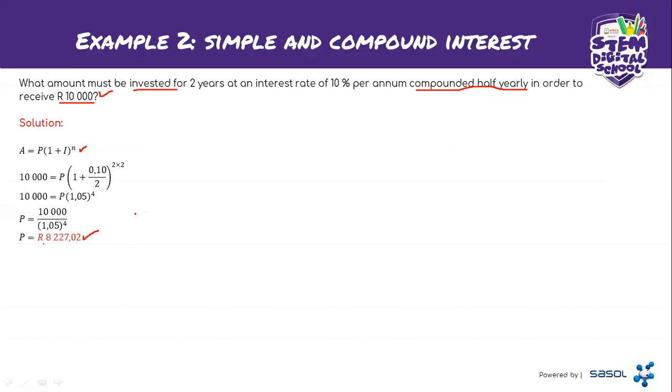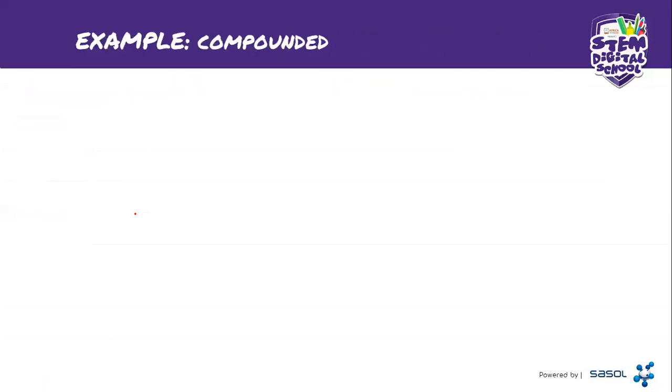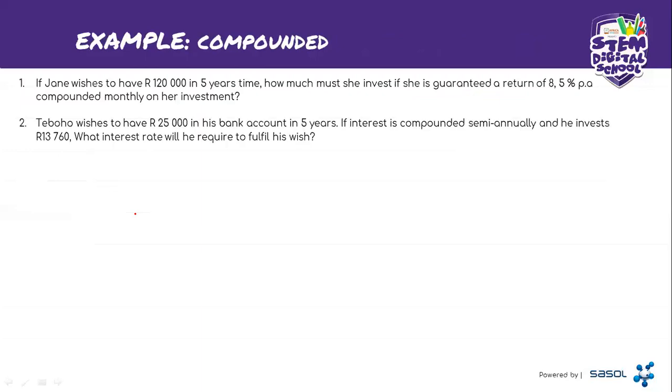Now let's proceed. All right. Now the first question on this one. Let's see. If J is wishing to have 120,000 in 5 years' time, how much must she invest if she is guaranteed a return of 8.5% per annum compounded monthly on her investment?